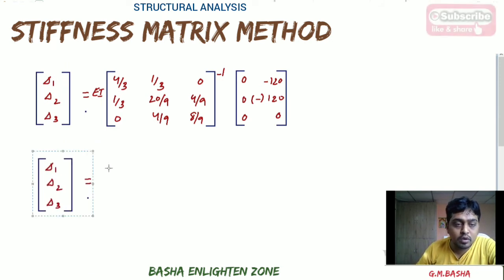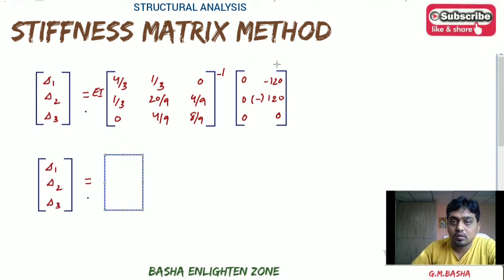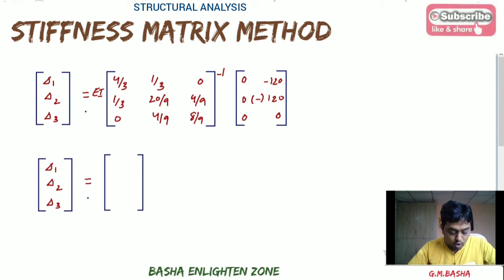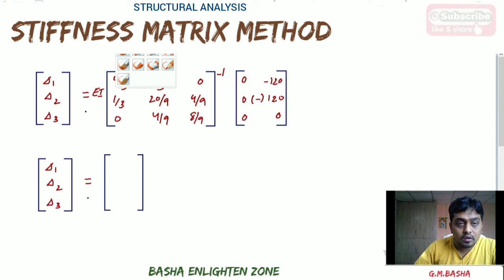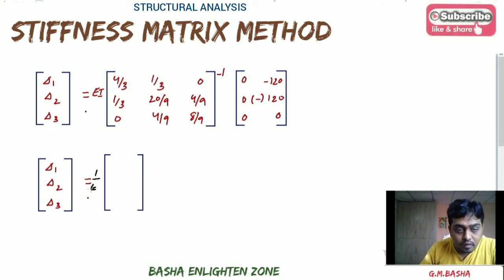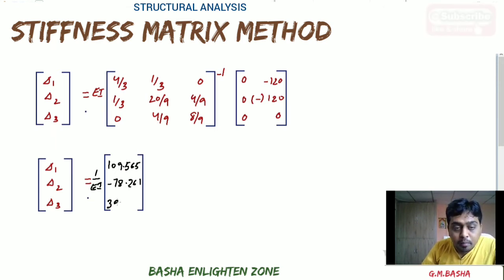So those values will be equal to, what are the simplified values here? 1 by EI equal to 109.565, this one will be minus 78.261, this one will be 39.130.